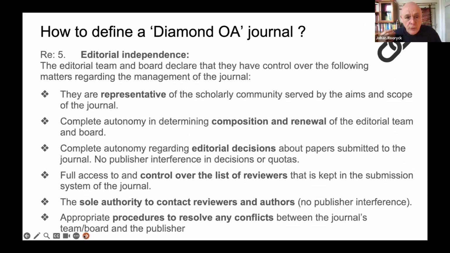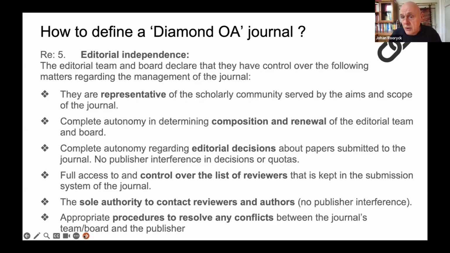Composition and renewal of the board, autonomy about editorial decisions, and access to the list of reviewers, and also sole authority to contact reviewers and authors, because in many cases that is a problem of gold open access journals, for instance, of a certain type, where it is very problematic when the publisher themselves starts harassing reviewers and authors to obtain copy. So that is one of the things I want to include there.